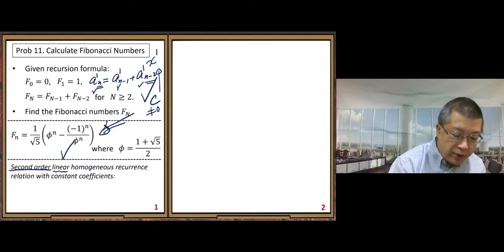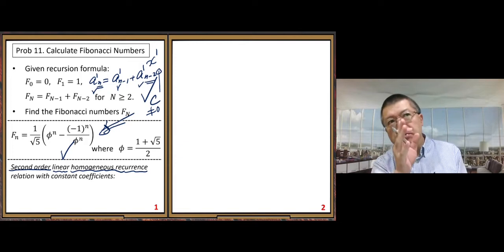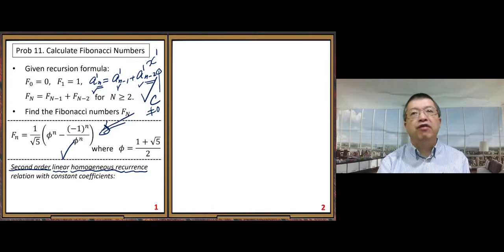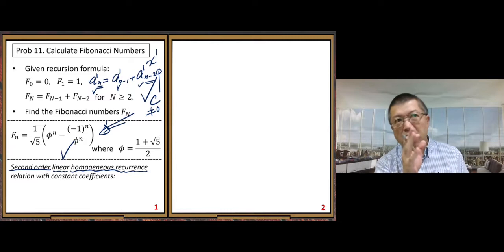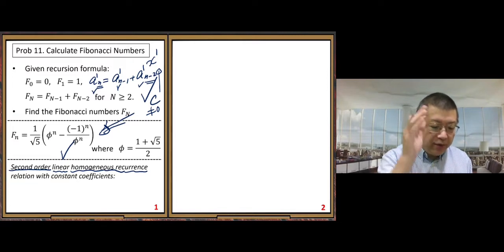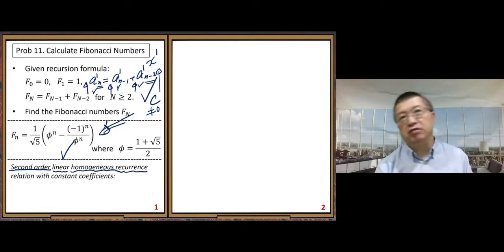Usually we know the homogeneous equation is relatively easier to solve than the non-homogeneous equation. So the homogeneous property is a good thing for us to solve the problem. Then, recurrence relation with constant coefficients: the coefficients of a sub n are constants.